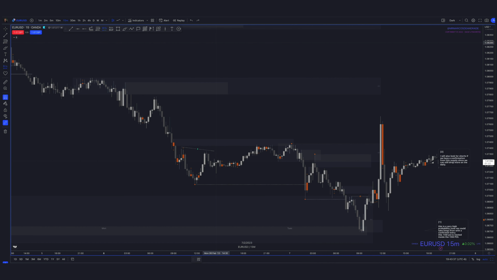But when it mitigated that zone, it came and mitigated another demand. So I would probably not be, because this could just be doing this to go up. But since we had price push here, I'm not sure right now. I would have to go to the lower time frame. Maybe the 1 minute would be clear.